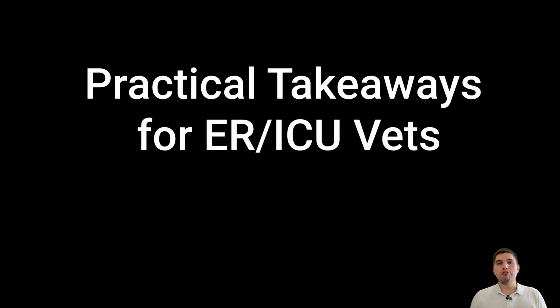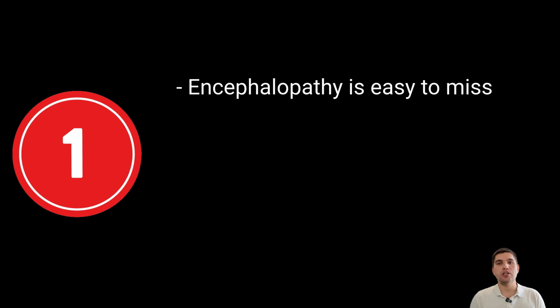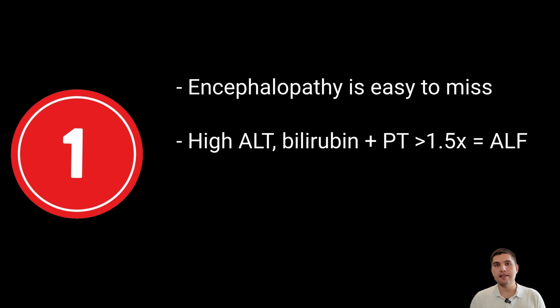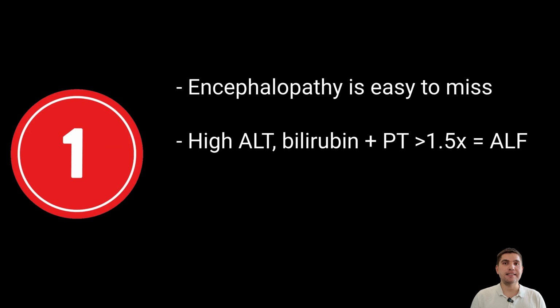All right, let's wrap up with 5 practical takeaways you can use in the ER today. Number 1, you don't need obvious encephalopathy to suspect acute liver failure. If you see high ALT, hyperbilirubinemia, and a PT over 1.5 times normal, ALF should be on your list, even if the patient's mentation seems relatively normal.